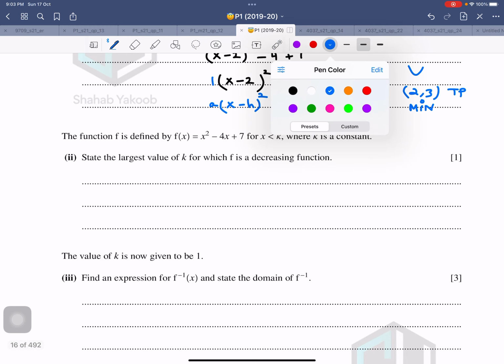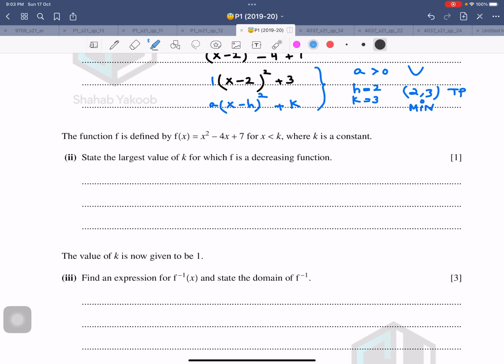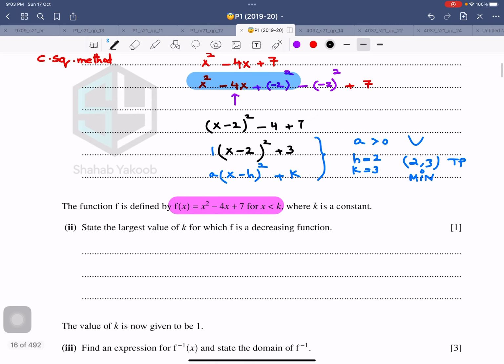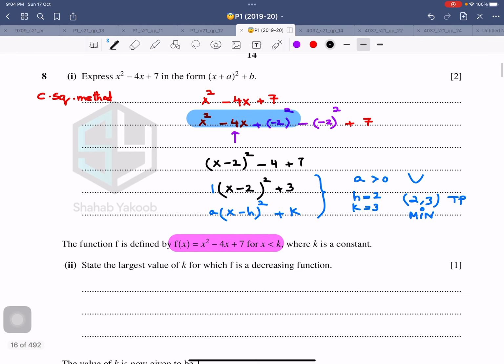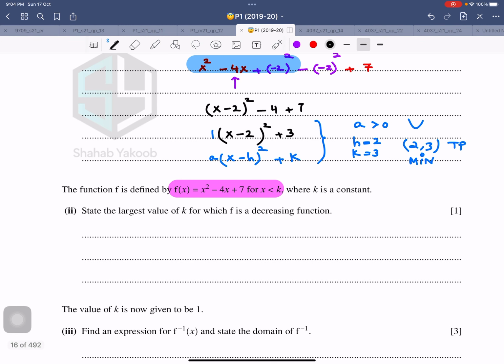What does it say? The question says that the function f is defined by such and such. So this is the function, and x is less than k, where k is a constant. Now, this k over here has nothing to do with our k. Our k is a bit different. State the largest value for which f is a decreasing function. Now, it has something to do with the turning point.